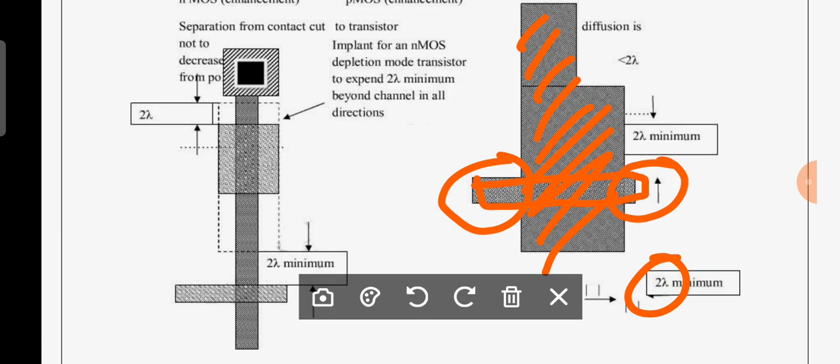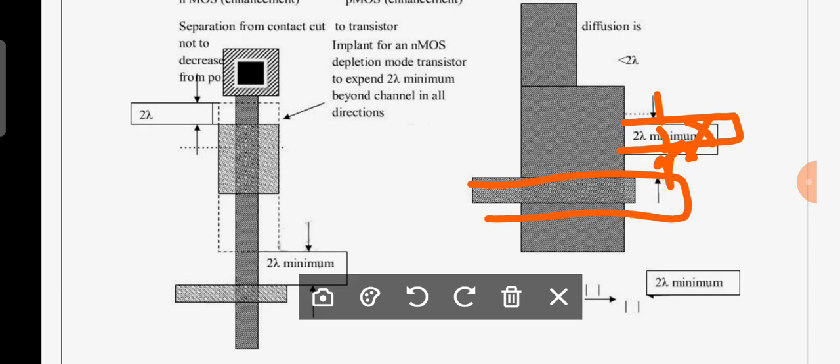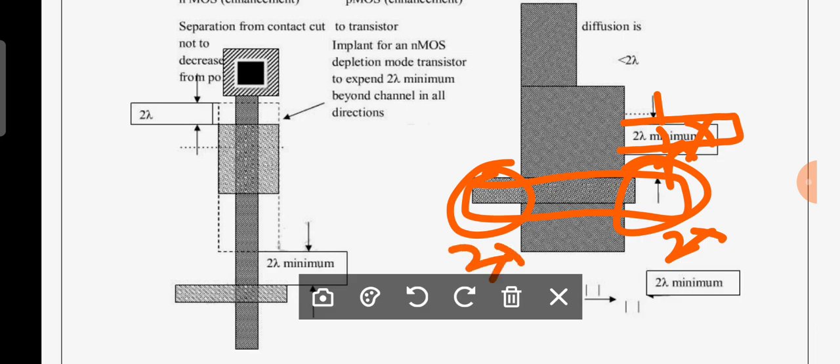Here we cannot talk about separation. Let us consider this is your polysilicon and diffusion. The diffusion width should be 2 lambda, and the boundaries of this polysilicon should be 2 lambda. I hope that is clear.